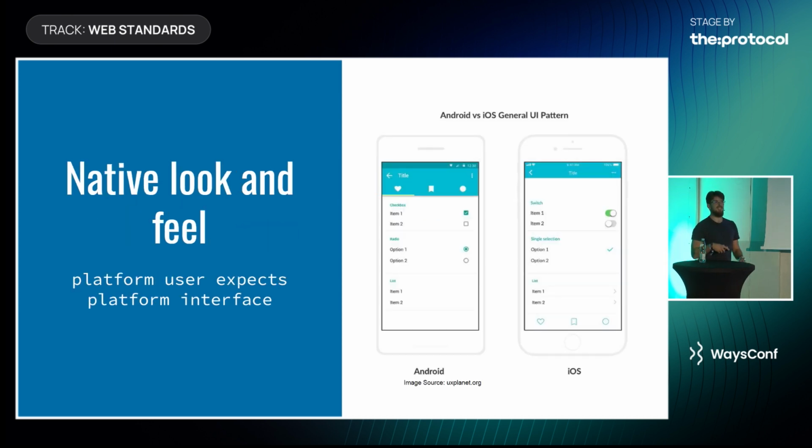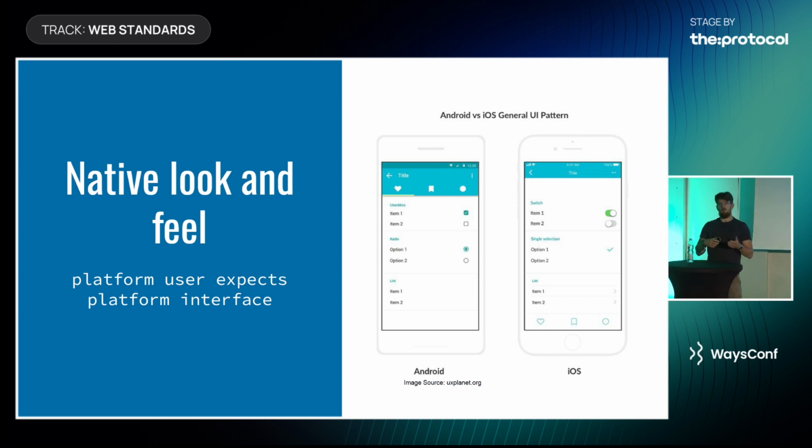Okay, so let's explore. What does native look and feel really mean? Who's in here using iOS on a daily basis? Okay, and Android? I use both because I am a mobile developer, so I have a few phones. But yeah, every platform has some specific UX patterns and layouts. For example, on iOS, we are used to gesture-based navigation, while on Android, we have things like the back button.